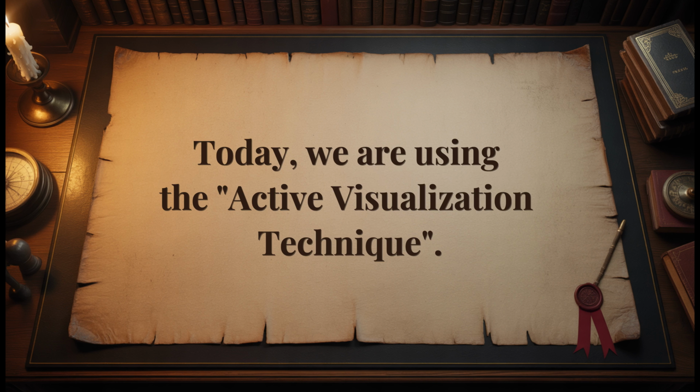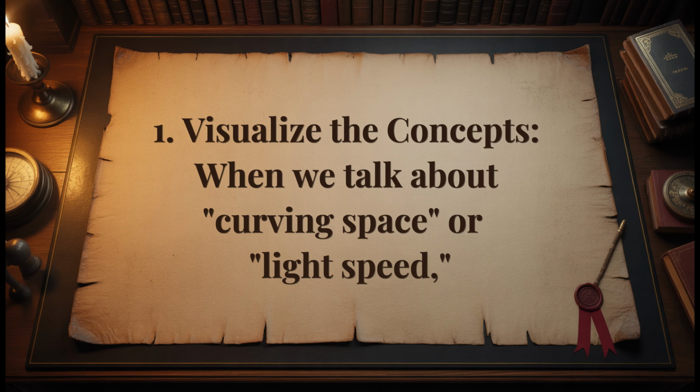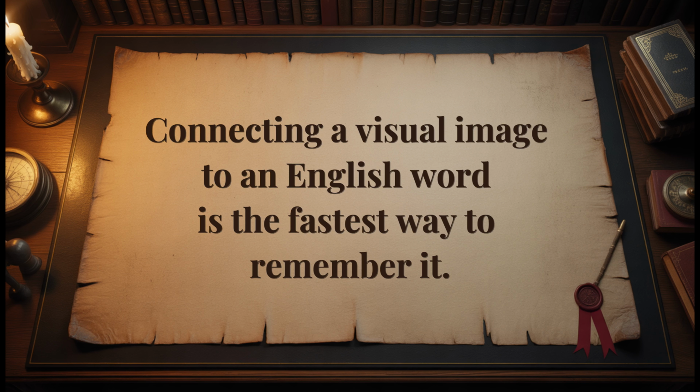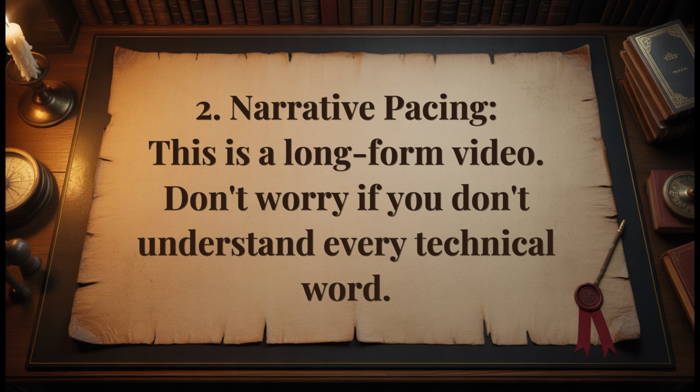Today, we are using the active visualization technique. 1. Visualize the concepts. When we talk about curving space or light speed, try to see these things in your mind. Connecting a visual image to an English word is the fastest way to remember it. 2.